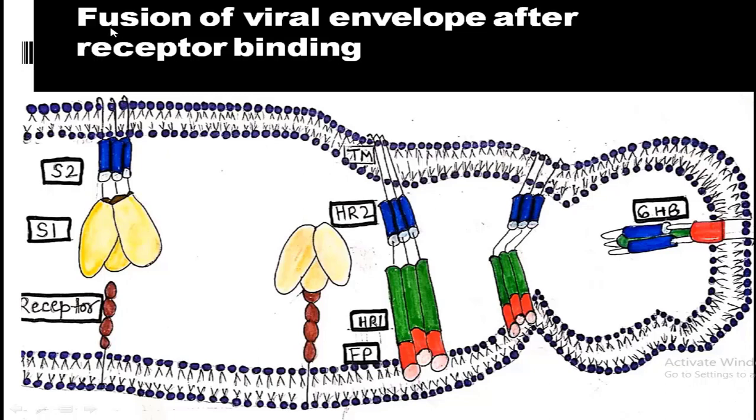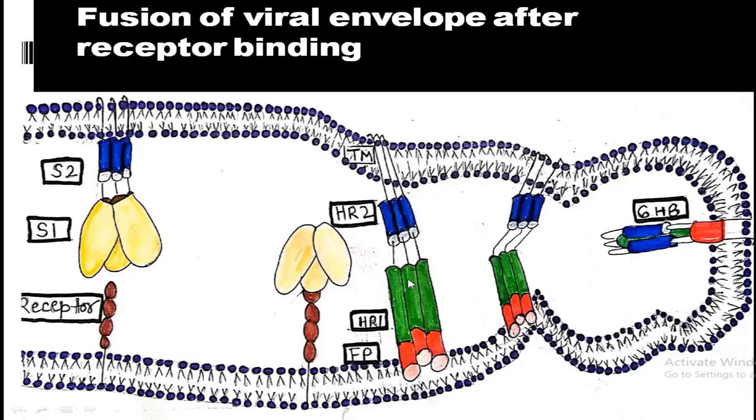Here first let's see the fusion of the viral envelope after it binds with the receptor. In my previous slide I discussed the spike protein and its organization. Here we'll see the two subunits. The first subunit, S1, interacts with this receptor and S2 is embedded in the viral membrane. A cleavage between S1 and S2 occurs, where the fusion peptide present in the S2 subunit then embeds itself into the host cell membrane.